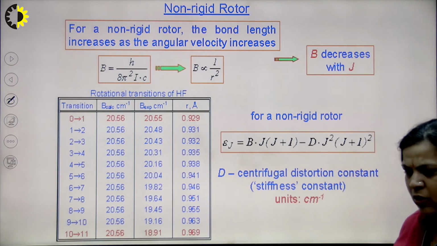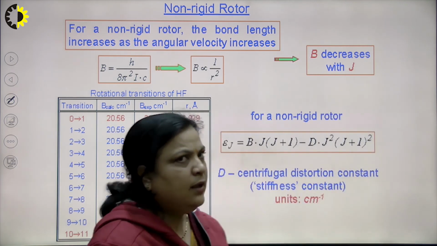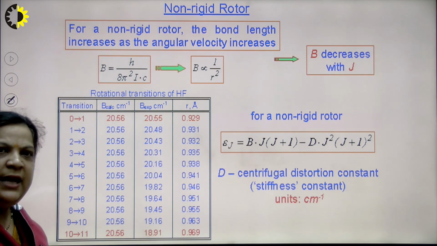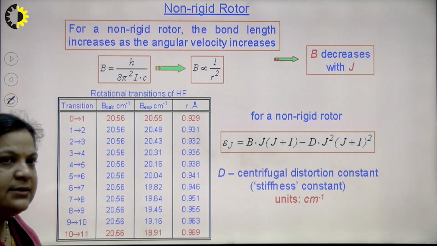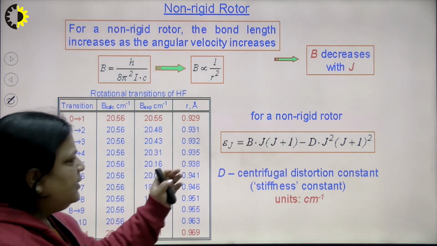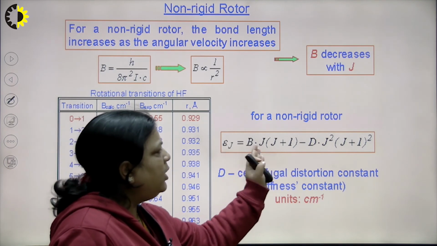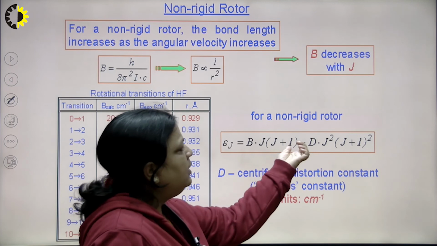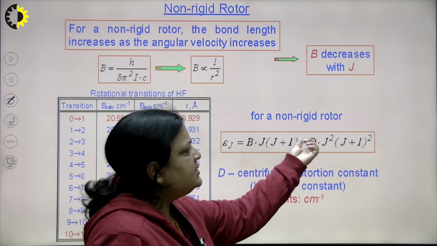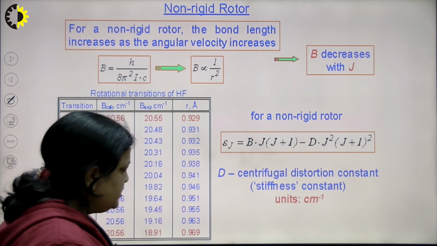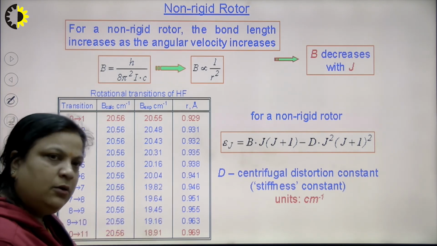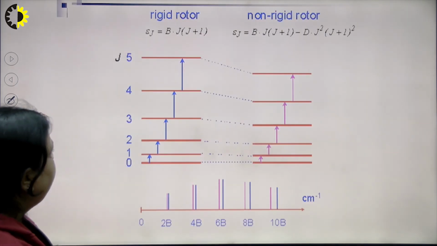This is not in your syllabus, but it is simple. For a non-rigid rotor, the bond length increases as the angular velocity increases, and for a non-rigid rotor the formula, this formula is for a rigid rotor, but for a non-rigid rotor an additional term is there, minus D j square j plus 1 square, where D is the centrifugal distortion coefficient, a constant.